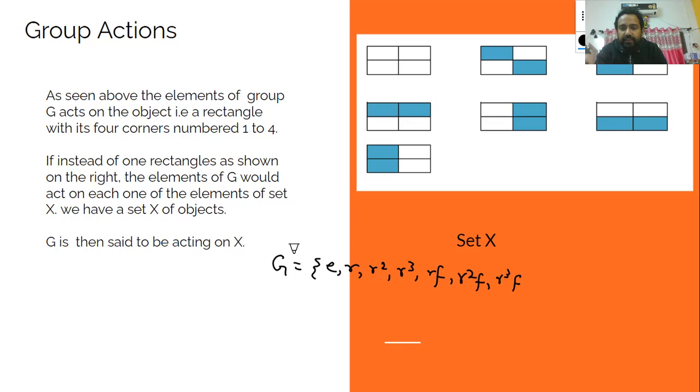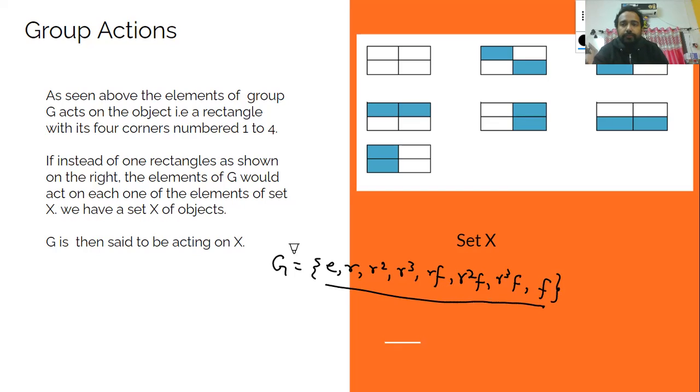Tell me if I've missed out anything. Oh, the vertical flip. Yeah. So these are the 8 actions or symmetries of the group of a rectangle, right?